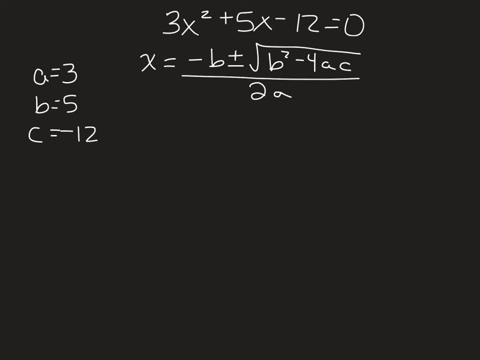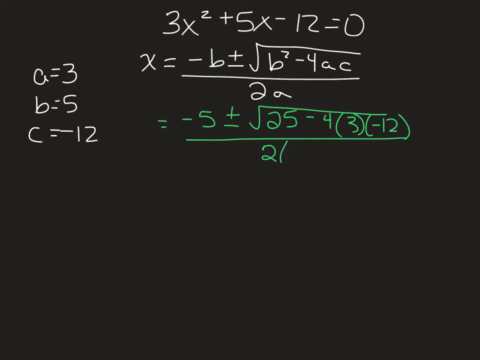Okay, let's plug it in. So x equals the opposite of b. Well, if b is positive 5, the opposite will be negative 5, plus or minus the square root of b squared. If b is 5, then b squared would be 5 squared. 5 times 5 is 25, minus 4 times whatever a is times whatever c is. So all I am doing is just substituting everything into our equation.